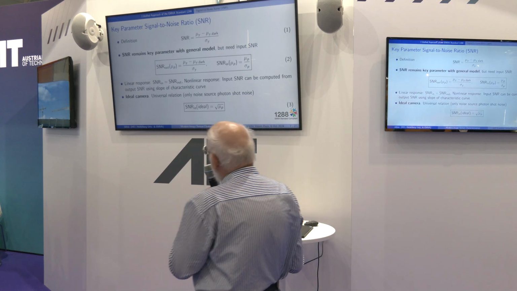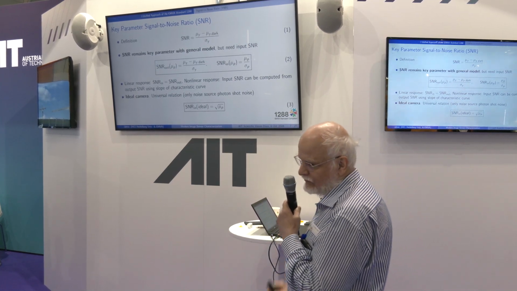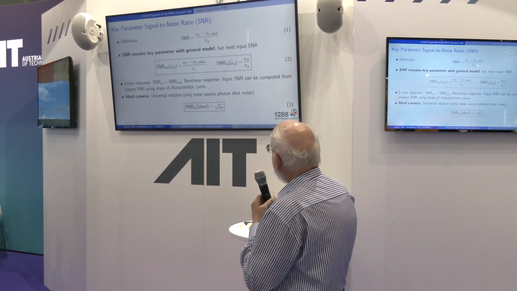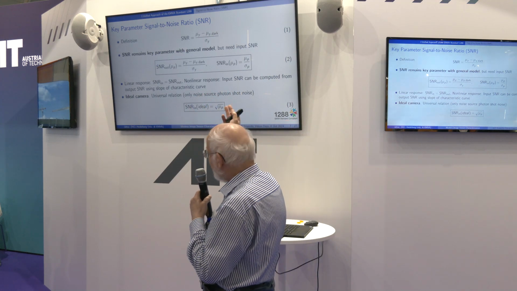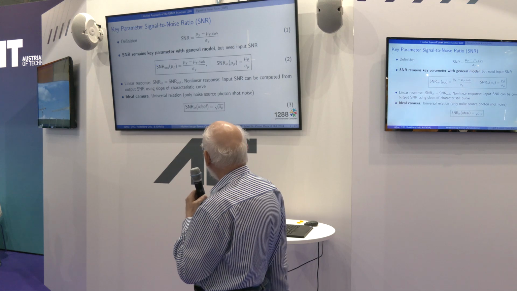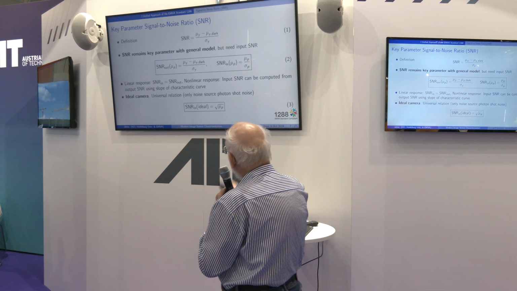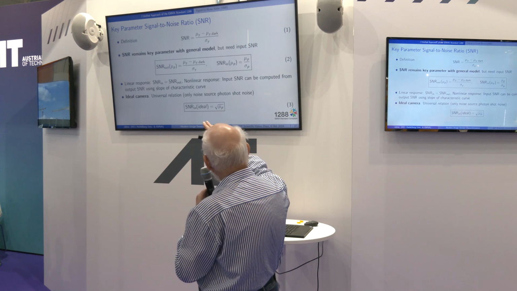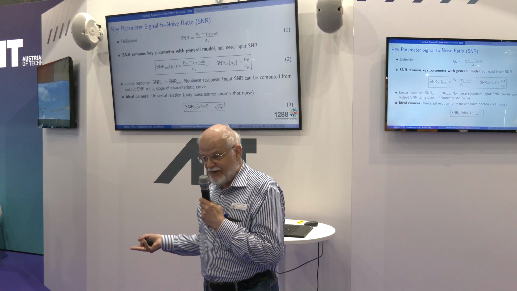And so the key parameter is really the signal to noise ratio. The definition is up here. It's of course the signal minus the dark signal, because you are only interested in the light induced signal, divided by the standard deviation. And the SNR is really the key parameter. The only trouble is, normally you think simply about SNR.